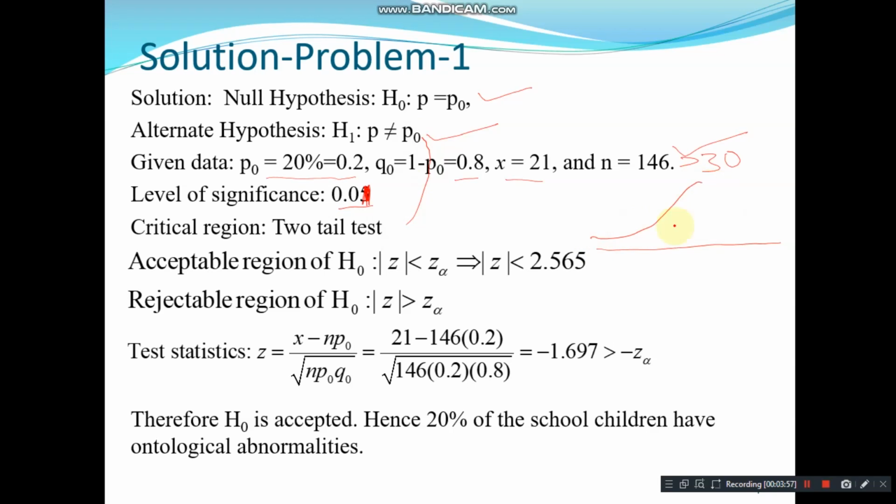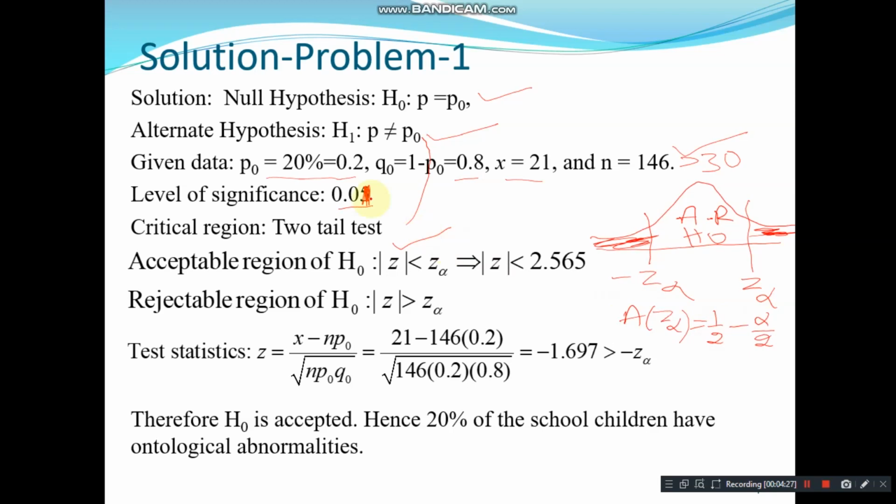So what is the corresponding area related to the error? So therefore the region of H naught is minus z alpha to z alpha. That's why the acceptable region is mod z less than z alpha. And how do you find this? The area of z alpha is equal to 1 by 2 minus alpha by 2.